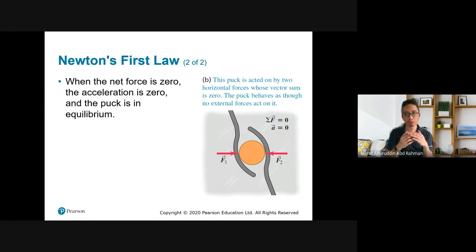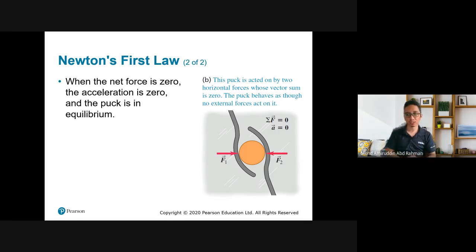So when you are playing hockey, you can see that when one player has a force higher than the other player, even though both of them are hitting the puck, the puck will finally move according to the direction where the force is higher.